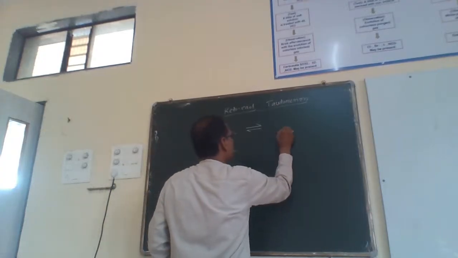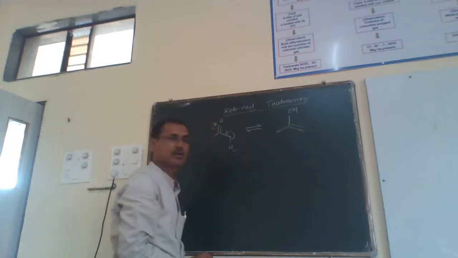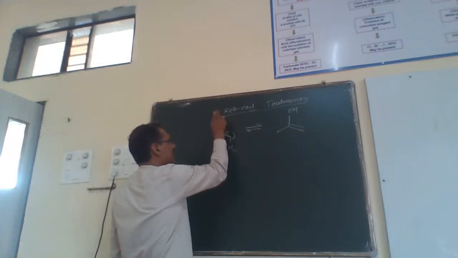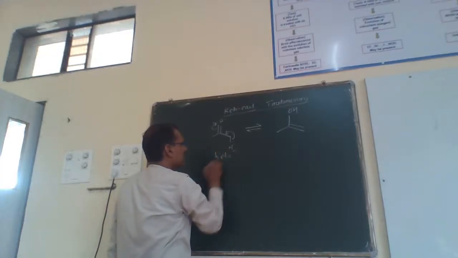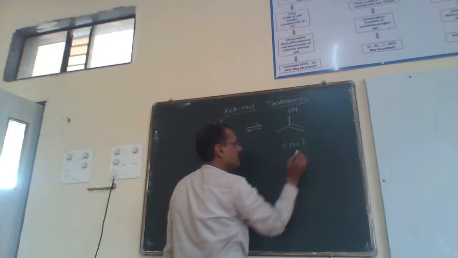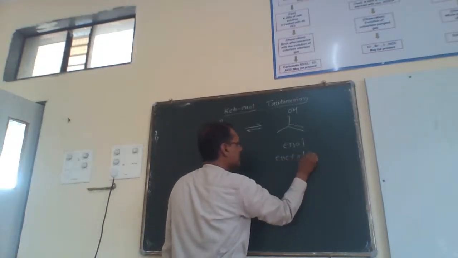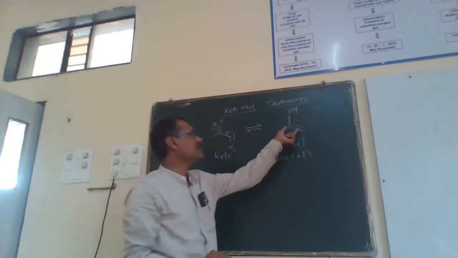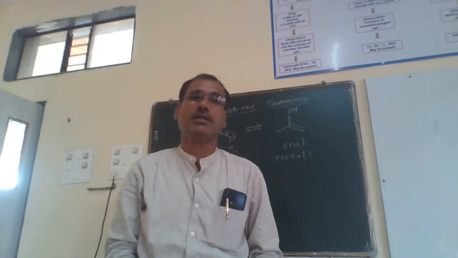If this happens, it will become OH and it will become a double bond. In this you can prominently see a carbonyl group. This form is referred to as the keto form and this form is referred to as the enol form, which is a combination of 'en' for this double bond and 'ol' for OH.